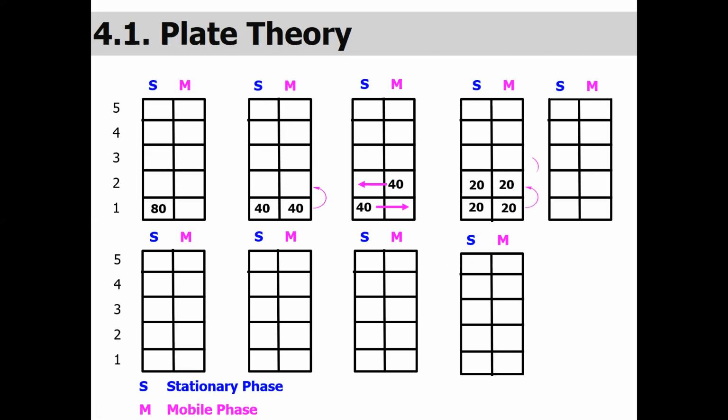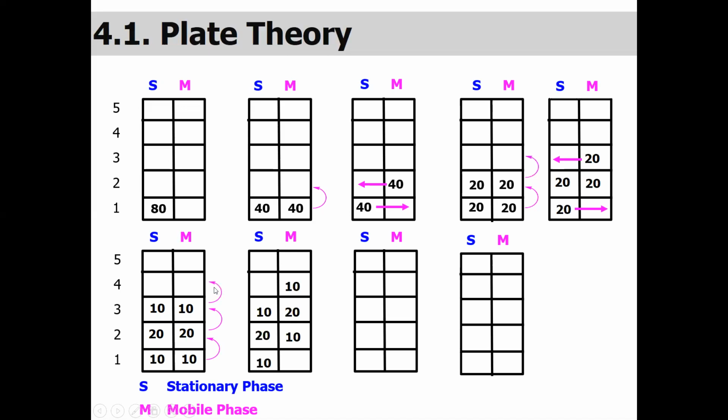Now ultimately this 20 gram from the second theoretical plate will travel to the third theoretical plate in this way, and similarly again the process of equilibration takes place. Ultimately, the solute, which is basically the analyte, will shift from the third theoretical plate to the fourth theoretical plate.